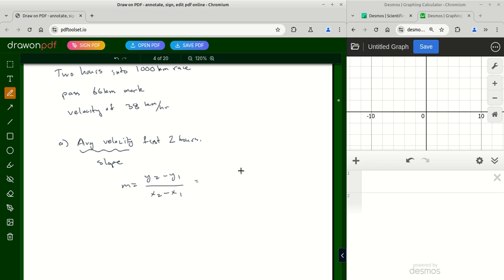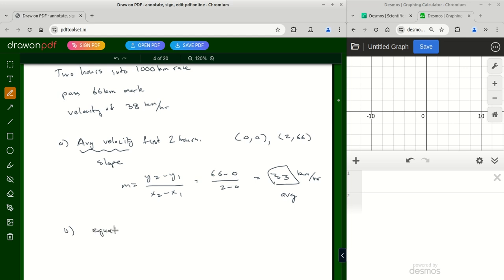I need to have these 2 points, of course. If you start the race at 0 minutes, you went 0 distance. And then after 2 hours, you hit the 66 mark. Ta-da! 66 minus 0 over 2 minus 0, it's 33 kilometers per hour. So that's the average speed. I'm going to write average because I wrote average. There you go.